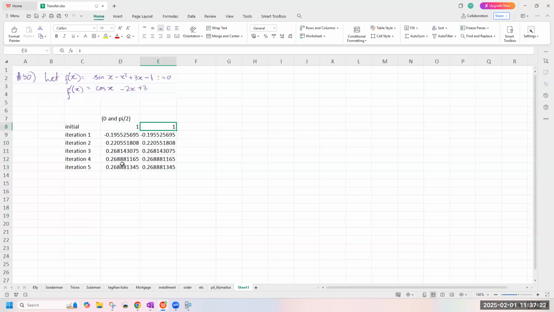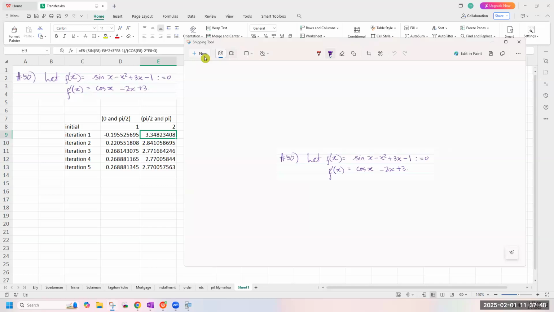Now choose a number between pi over 2 and pi. Maybe 2, right? Yeah, pi is 3.14, divided by 2 is around 1.5, so I can choose the number 2. Okay, so these are the answers.